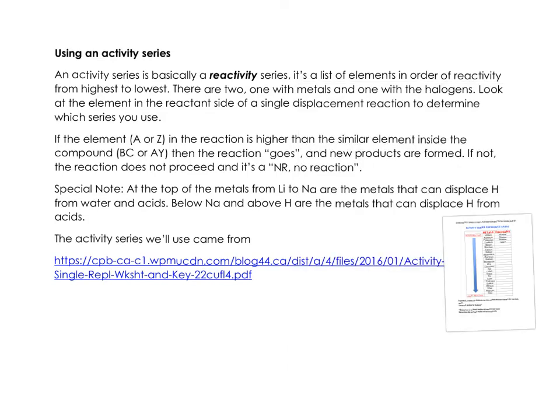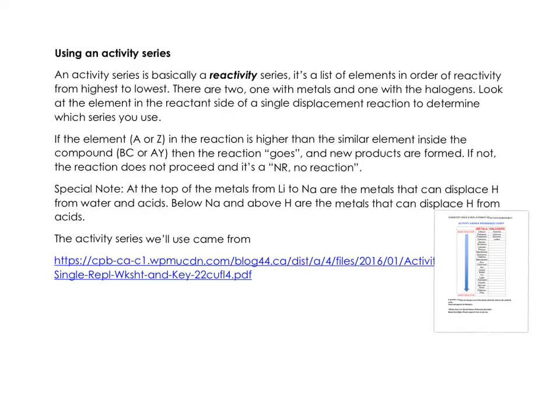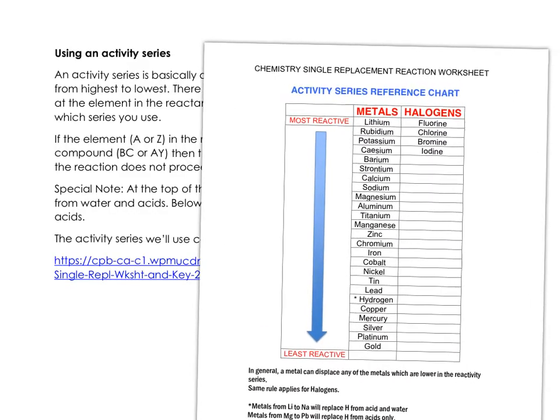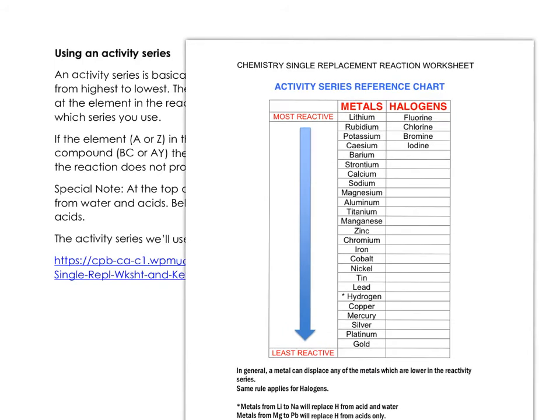So basically, if the element, the A or the Z, in the reaction is higher than the similar element inside the compound, then the reaction goes, and you get new products. If it's not higher, then the reaction will not proceed, and we say it's an NR, a no reaction. So let's take a look at this activity series.